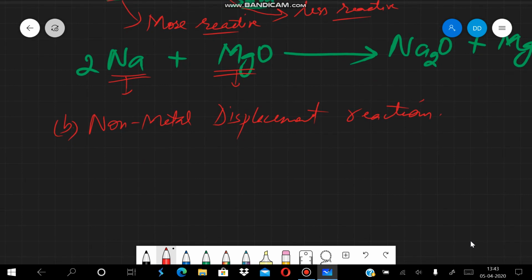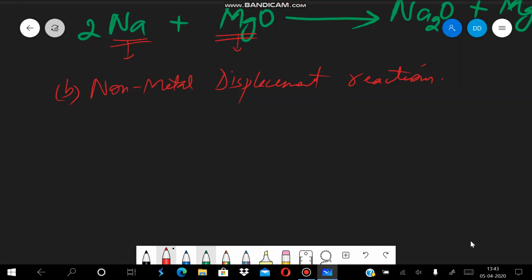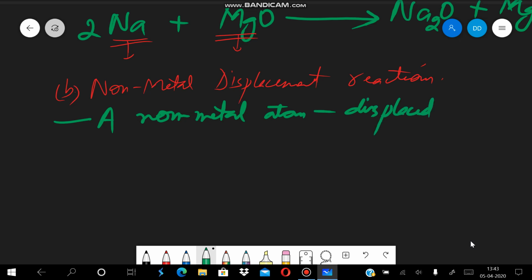In these reactions, a non-metal atom is displaced from a chemical compound.